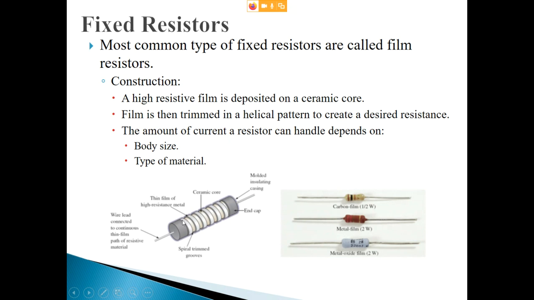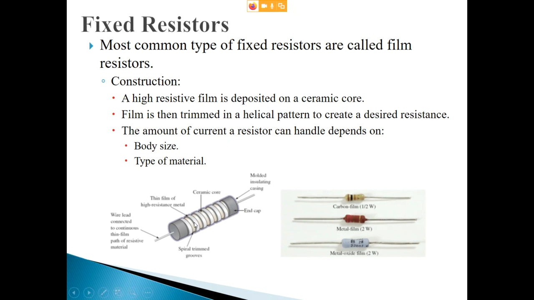So how do we do that? We basically use little strips of some sort of metallic material, or if it's a carbon resistor, we use a strip of carbon. If we want to have more resistance, we have more laps around there.